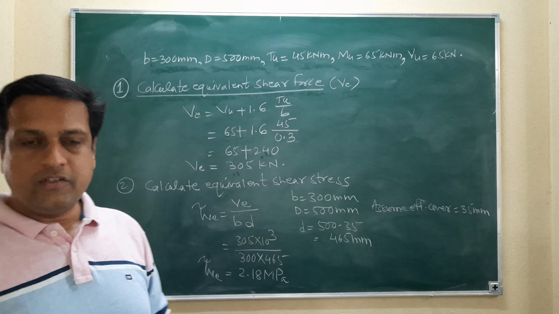Calculate permissible shear stress tau C. But tau C depends on PT. So what you have to do? You have to assume the initial value of PT, 0.5%.